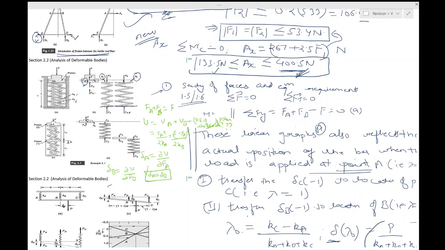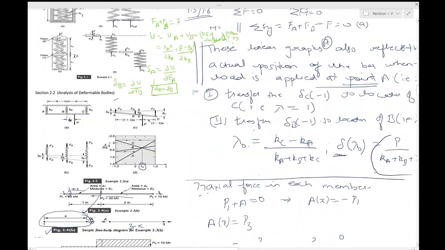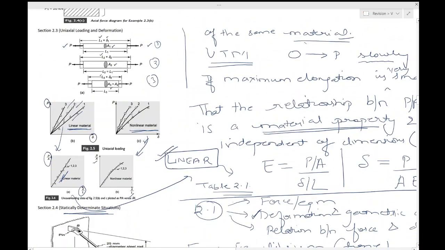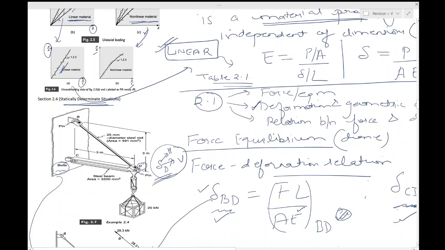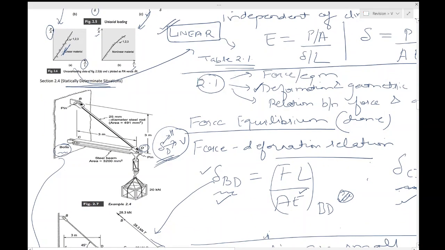Okay, now let's come back to example 2.12, and this was, if you recall, this question. It was example 2.4 over here, and we were trying to solve this problem using Castigliano's theorem.